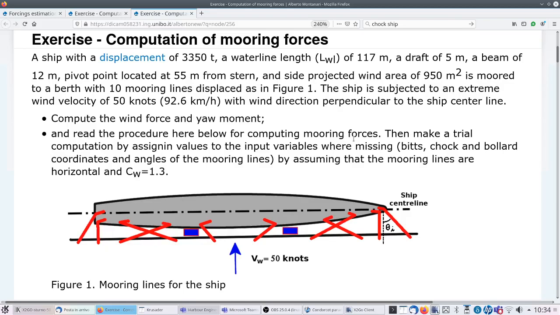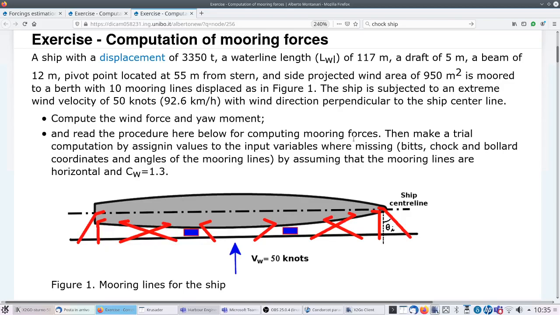It's also problematic to stand on your feet with such wind. So it's really extreme. And we assume, for simplicity, that the wind direction is perpendicular to the ship's center line. So let's compute the wind force and the yaw moment, which is the rotational moment around the vertical axis that passes through the pivot point.